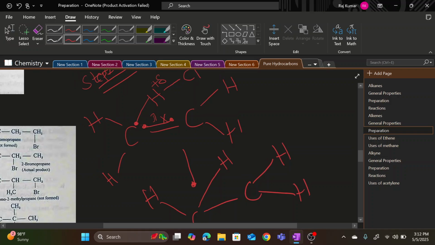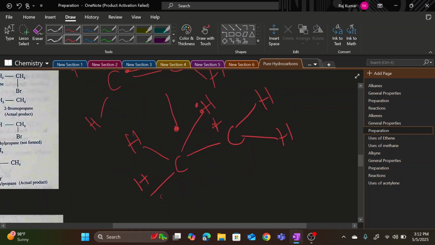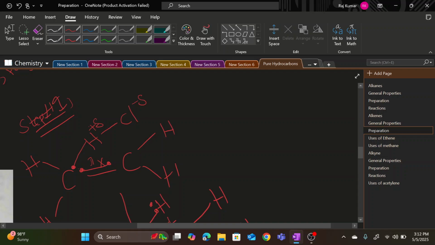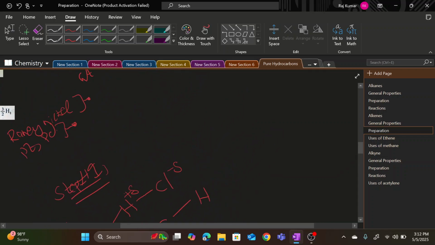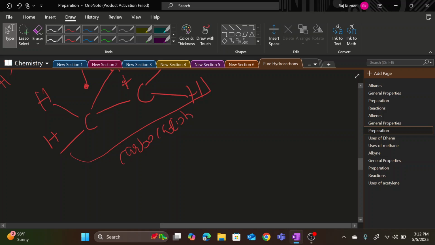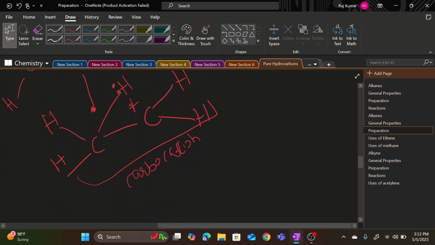Due to these electrons being taken by hydrogen, the carbon over here will get a positive charge. And this entire carbon compound, which is having a positive charge, is known as a carbocation. In the first step, there's a formation of a carbocation.